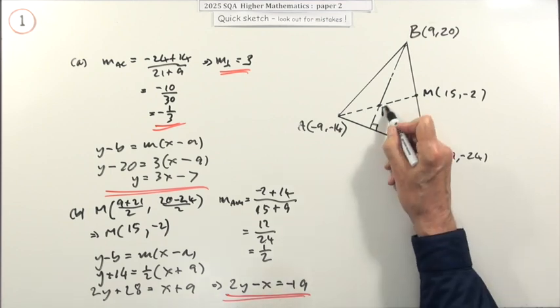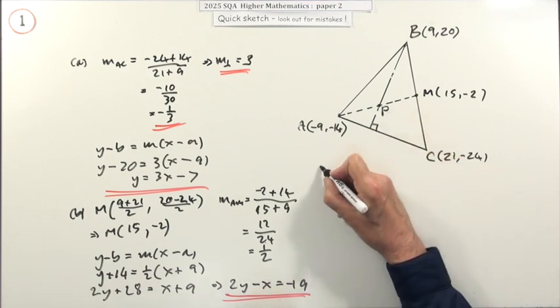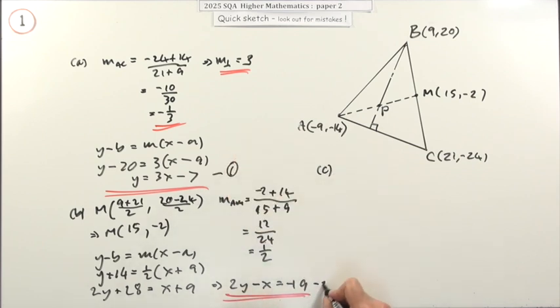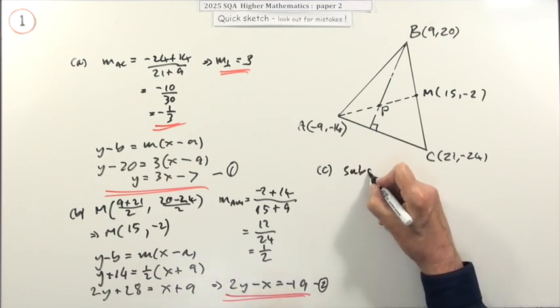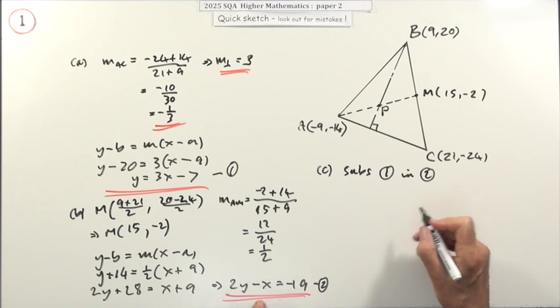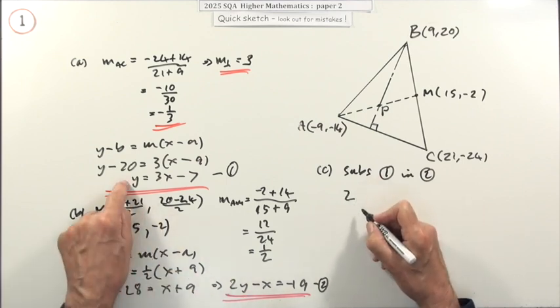And then the third part was, what are the coordinates of the point of intersection? For part C, well, you've got these two lines, 1 and 2. Substitute 1 into 2. So 2 is the main one, I'm writing 2 down, but wherever I see a y I put that in.